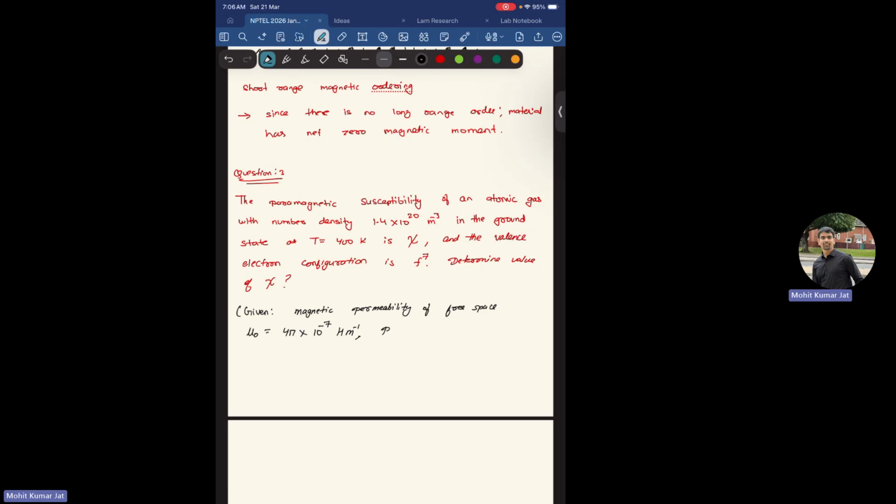Bohr magneton mu b is 9.27 into 10 power minus 24 ampere meter square. Boltzmann constant Kb is 1.38 into 10 power minus 23 Joule Kelvin inverse.